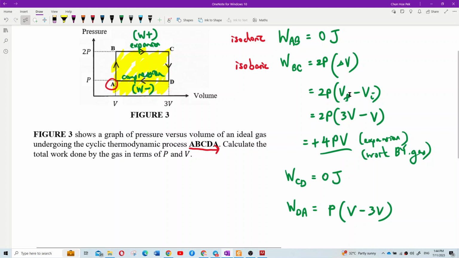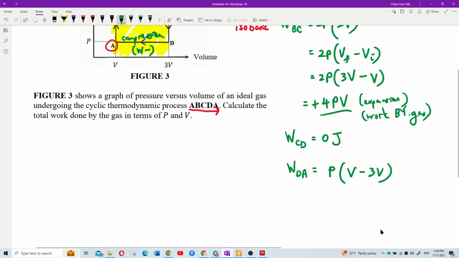Take the V final minus V initial. So, is V minus 3V. So, percaya tak? Negative work done kan? So, what is this? Negative 2PV. Okay? Negative work done because of compression.